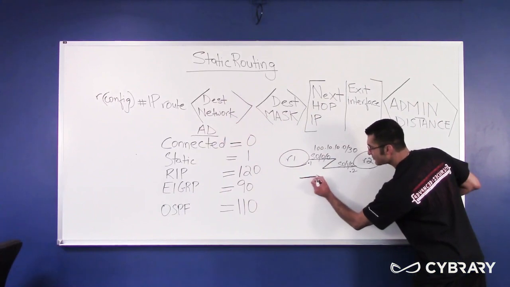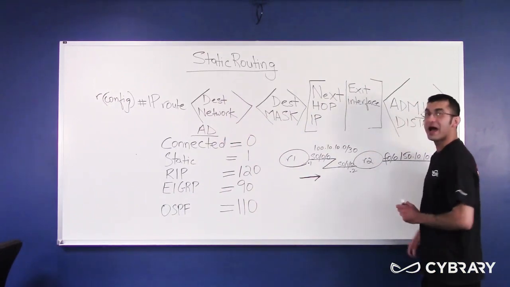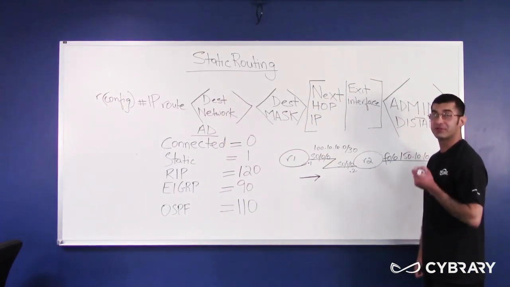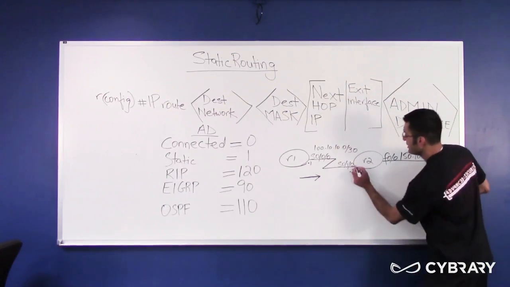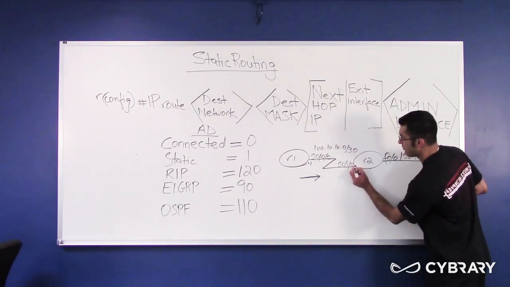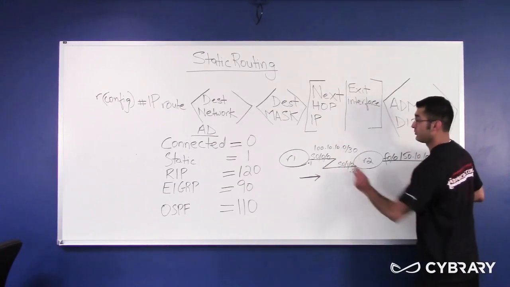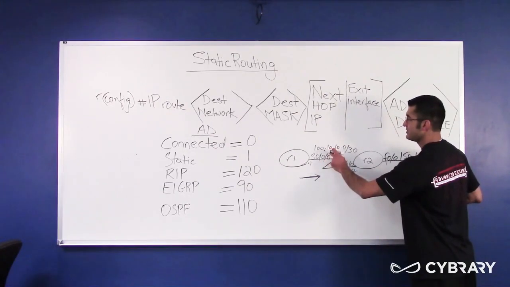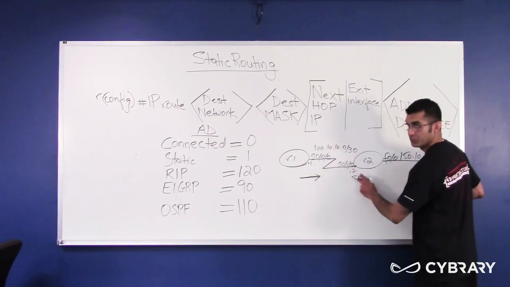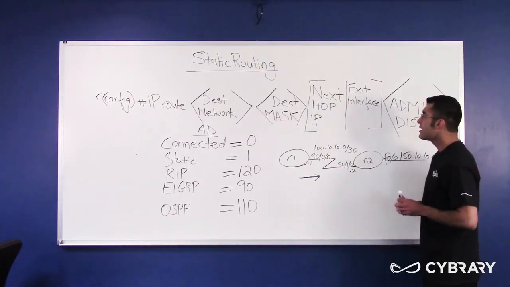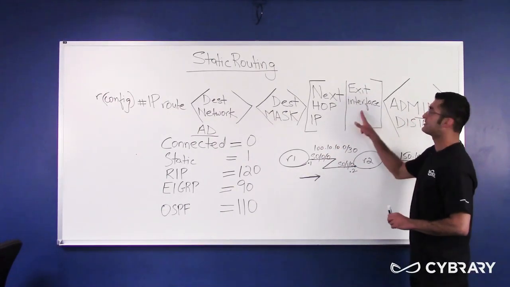Then you could either pick the next hop IP address. Once traffic leaves my router, the next IP that traffic encounters is this address right here on router 2, the address of the serial 0/1/0 interface, which would be 100.10.10.2. Or I could simply type in the exit interface.